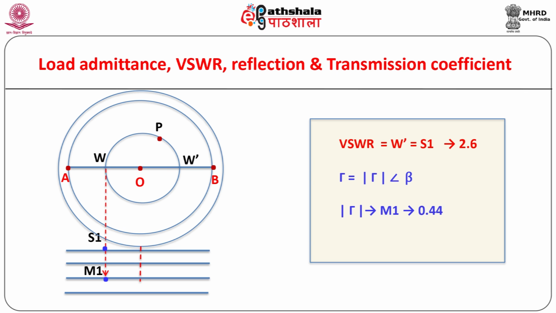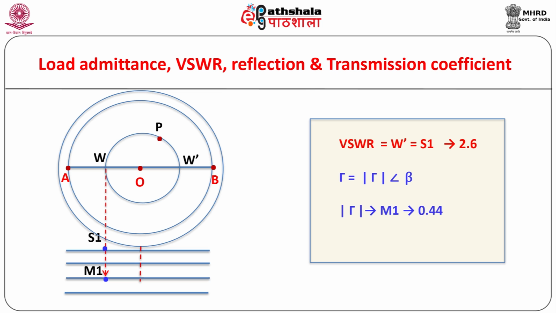Step number 3. From W, draw a line perpendicular to the radius AO. Let it meet the horizontal scale lines of the radially scaled parameters, corresponding to the VSWR and the reflection coefficient scale defined in terms of E and I, at points S1 and M1 respectively. Step number 4. The number at S1 represents the magnitude of VSWR.